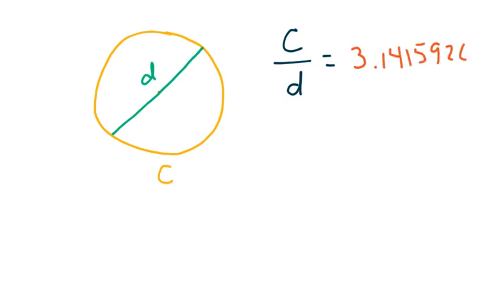For any circle, doesn't matter how big or small, if you take the circumference, the distance around the circle, and the diameter, the distance all the way across going through the center, and you make a ratio of C divided by D, the circumference divided by the diameter of any circle, you get the number 3.1415926, and it keeps going on and on forever.